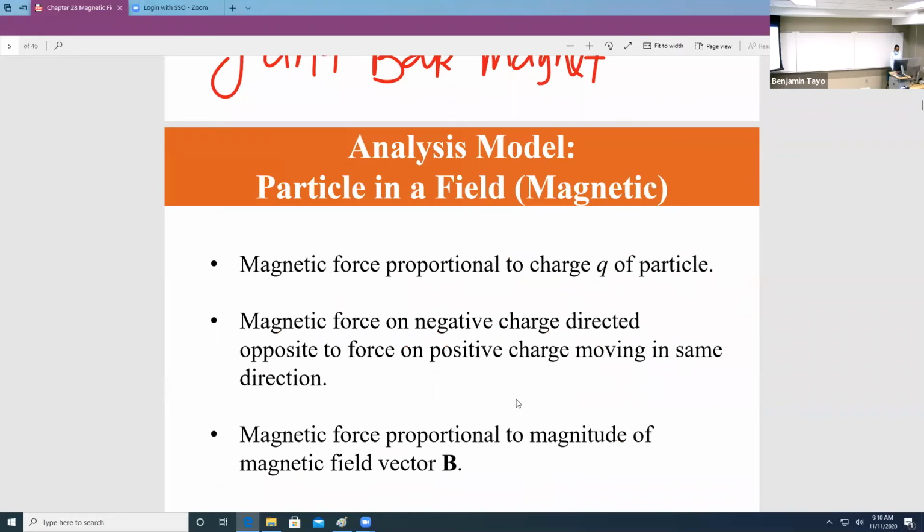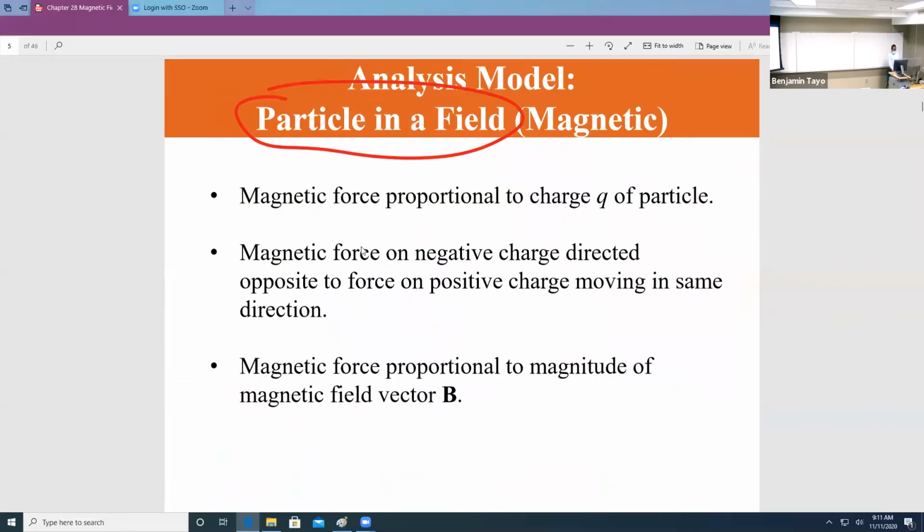So now, as I said last time, we're going to be looking at the particle in the magnetic field. And the way we're going to solve this, we're going to assume that the magnetic field is given, so B is given.